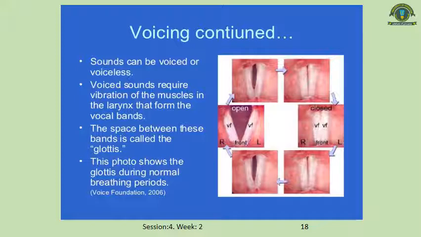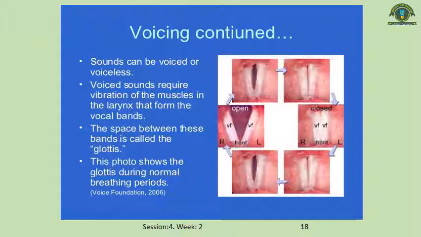The next thing we have to understand is that the space between these bands is called the glottis. This is the space. It is known as the glottis. You can see this photo shows the glottis during normal breathing periods.